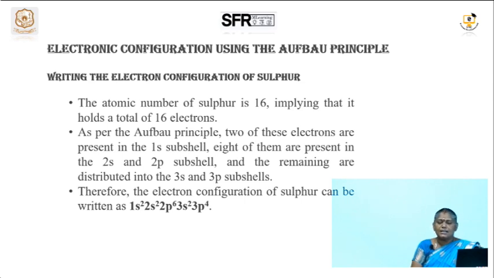As per the Aufbau principle, 2 of these electrons are present in the 1s subshell, 8 of the electrons are present in the 2s and 2p subshells, and the remaining are distributed into the 3s orbital and 3p orbitals. Therefore, the electronic configuration of sulfur could be written as 1s2, 2s2, 2p6, 3s2 and 3p4.